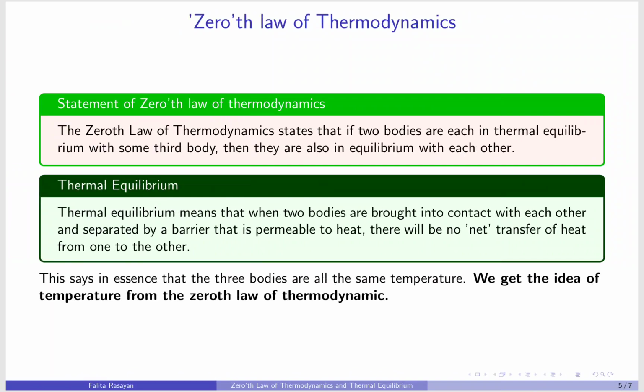The zeroth law gives us a measurable parameter which can indicate thermal equilibrium, which is nothing but the temperature.